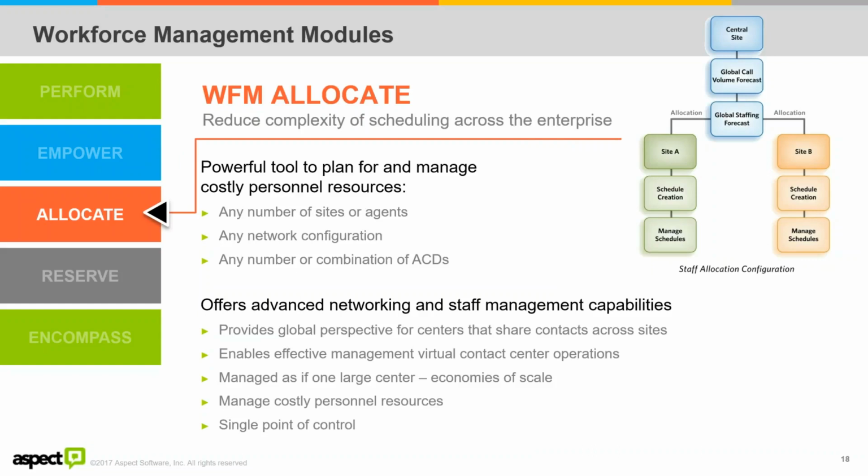Some enterprises have a command and control structure that may span different geographies or may span the globe, where a central site is in charge of a global forecast or a global staffing requirement, and those things are allocated to individual or regional sites, which then take that input and will use local business practices to complete the workforce tasks, generating schedules and doing the tracking. And we have a powerful feature called WFM Allocate to manage those scenarios. Let's take a step forward.